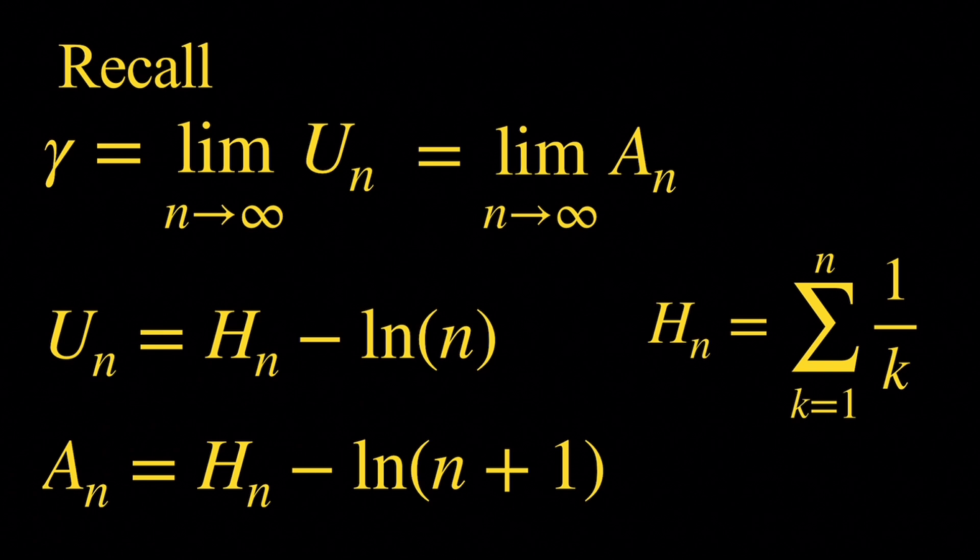Okay, so remember these sequences, u_n and a_n. They're going to be useful later on. So we're going to start with the first representation of gamma as an integral using the sequence a_n.